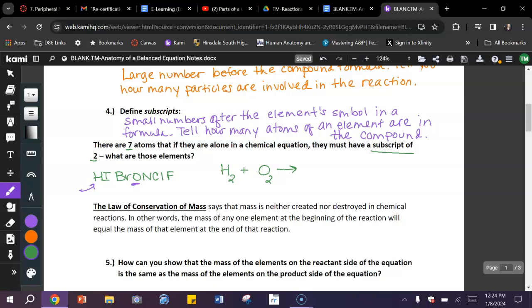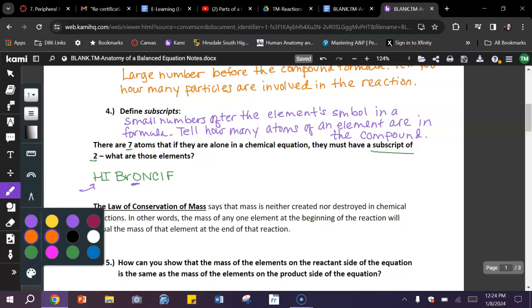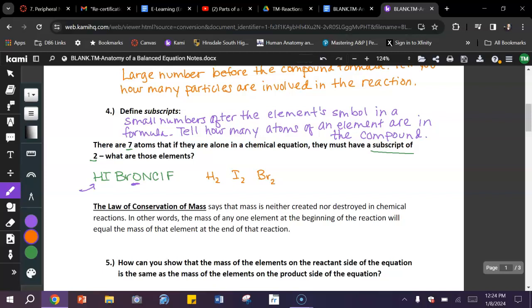So we're going to come back to this a little bit later, but I just wanted you to know that there are certain elements that cannot stand alone. Hydrogen and oxygen are 2 of them, but there's also, so let's see, hydrogen has a formula of H2. Iodine, its formula is I2. Bromine, its formula is Br2. Oxygen is O2.